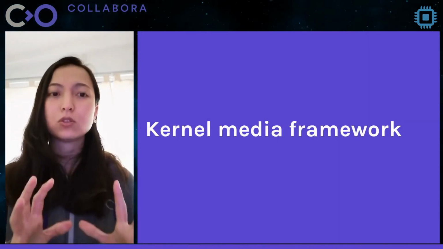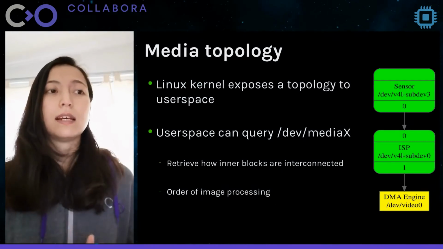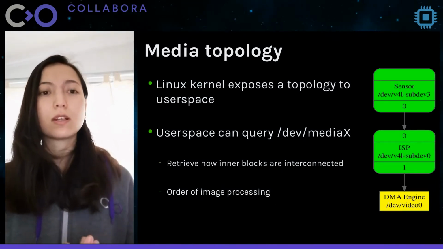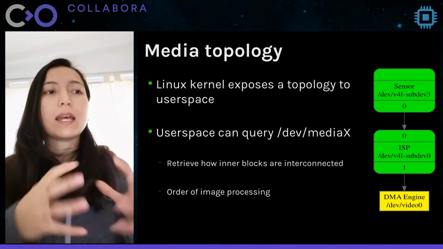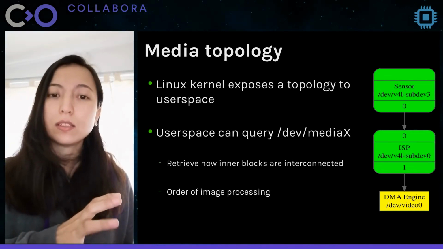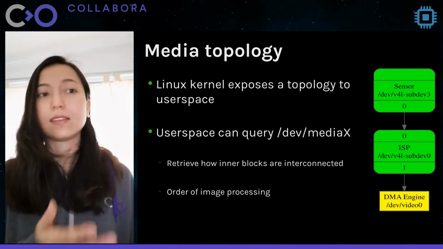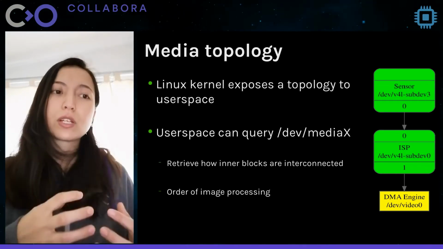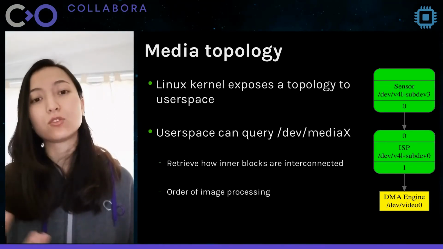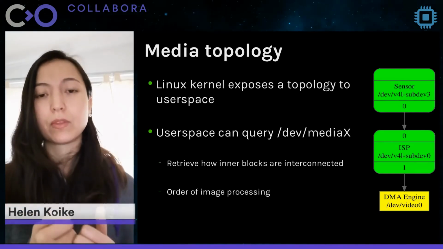Now let's take a look at the kernel side, the media framework. In the Linux kernel, in the media framework, there is this concept that we call topology. So user space can query a node inside DevFS, let's say /dev/media, some number X, to retrieve how the inner blocks of the hardware are interconnected and the order of the image processing.